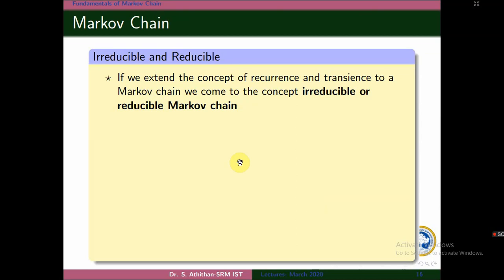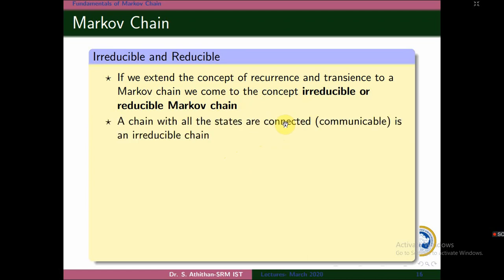irreducible or reducible. This is also an important characteristic of a Markov chain. If we extend the concept of recurrence and transience to a Markov chain, actually recurrent and transient are as useful for state purposes. But if you want to characterize a chain, you need to say irreducible or reducible Markov chain.